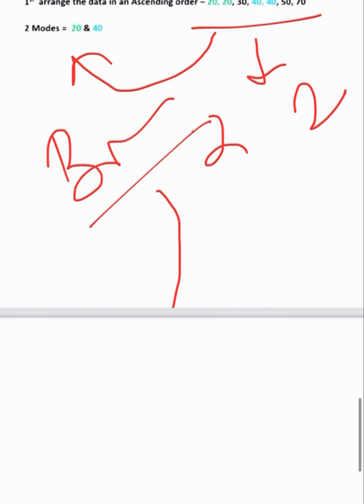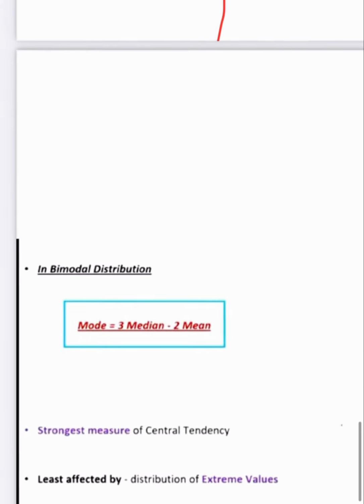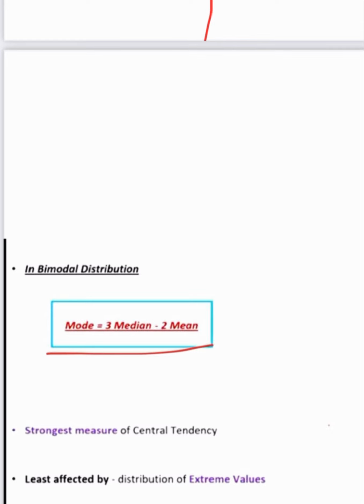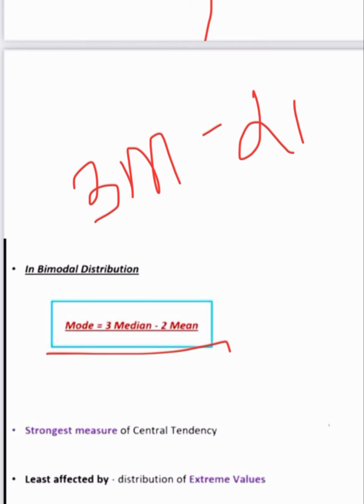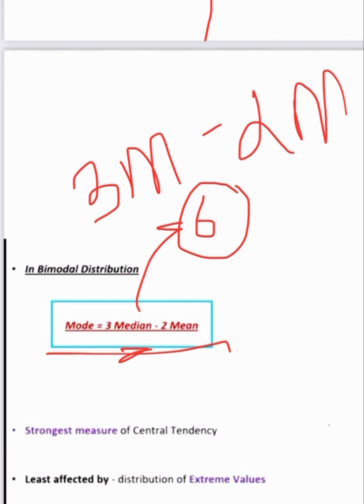So how will you calculate the mode of a bimodal distribution? By simple formula, mode equals 3 median minus 2 mean. How to remember? Median is a 6-letter word, so it is bigger, so bigger goes with 3.